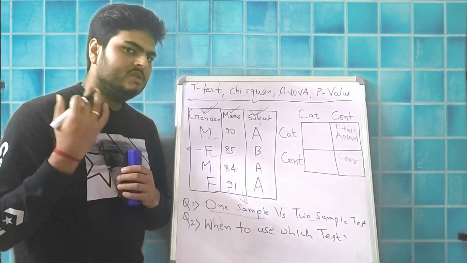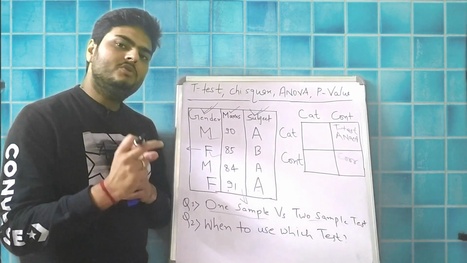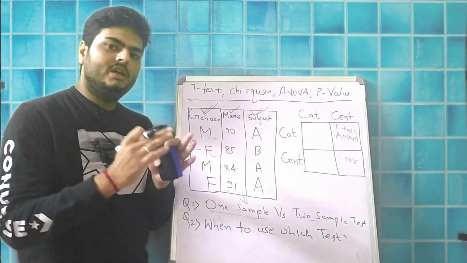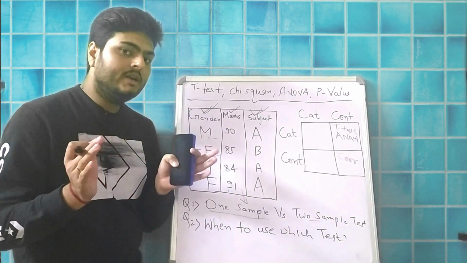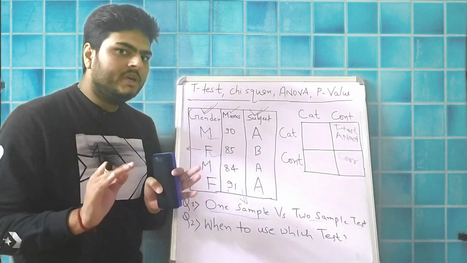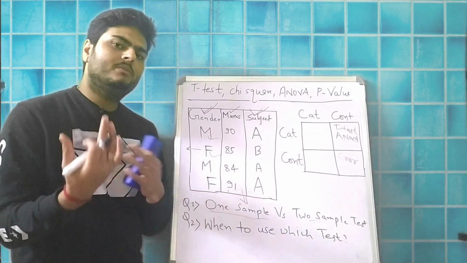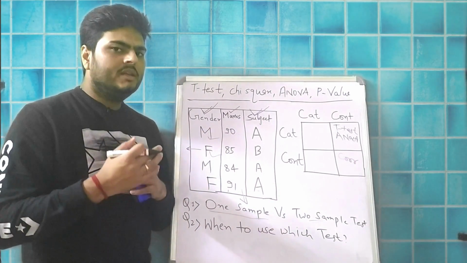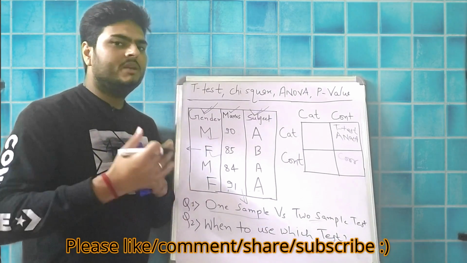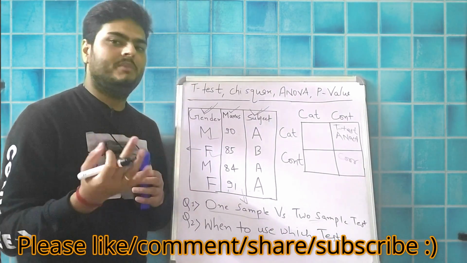So the null hypothesis here will be that the distribution of gender and subject are equal. The alternate hypothesis will be that it will not be equal, there is some impact of gender on the subject. You can make a generic assumption like there are fewer women in mathematics and more men in mathematics.